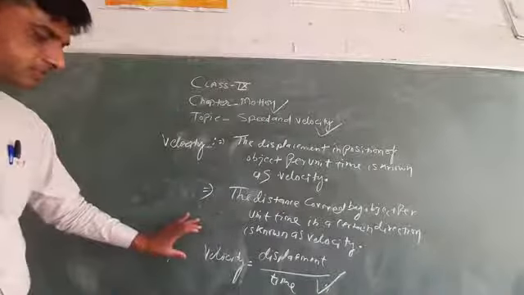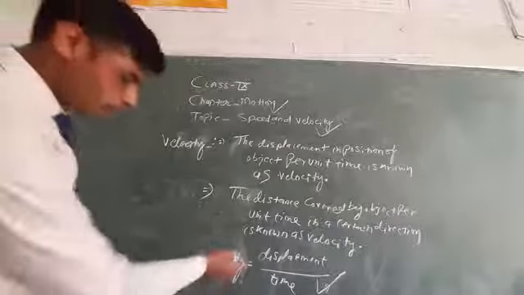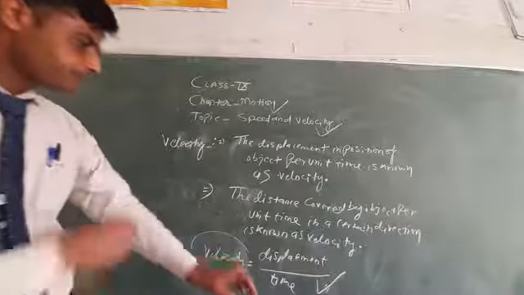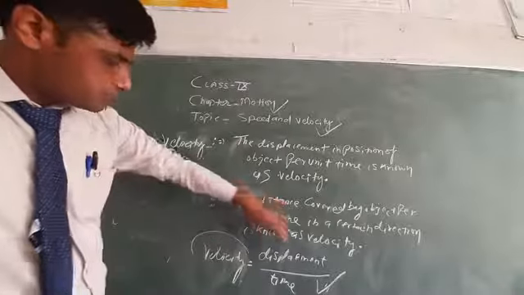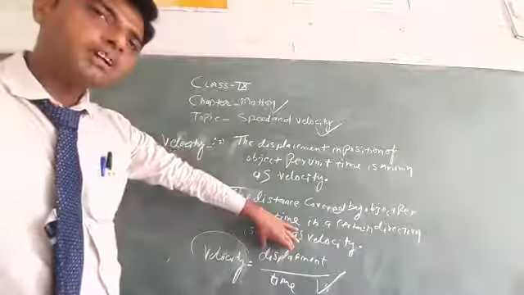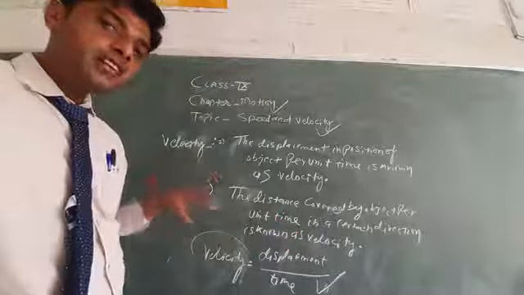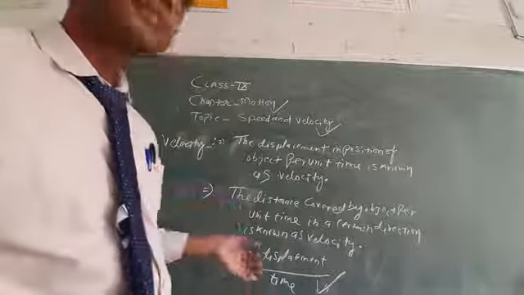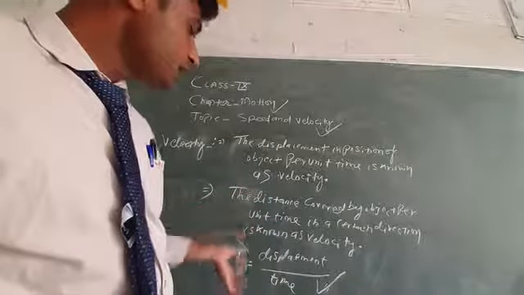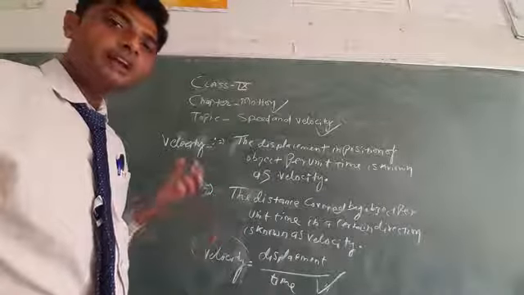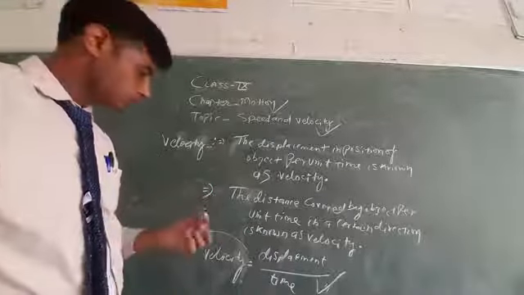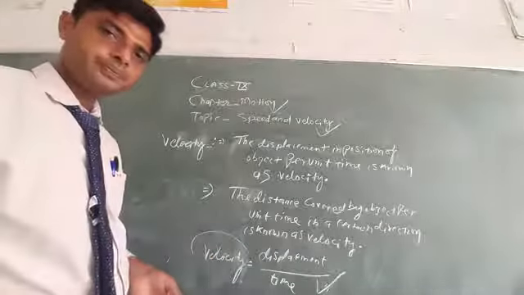And as you can see, displacement is a vector quantity, so there is a need of direction as well as magnitude to represent velocity.